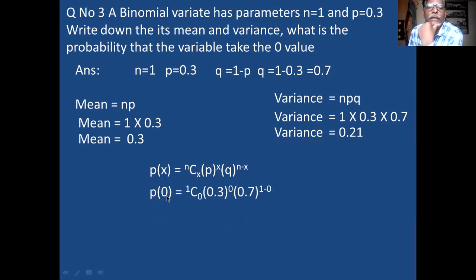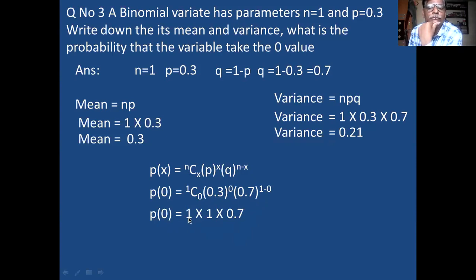So probability of x equal to 0: n is 1, x is 0, so 1C0, then p is 0.3 raised to 0, q is 0.7 raised to 1 minus 0.